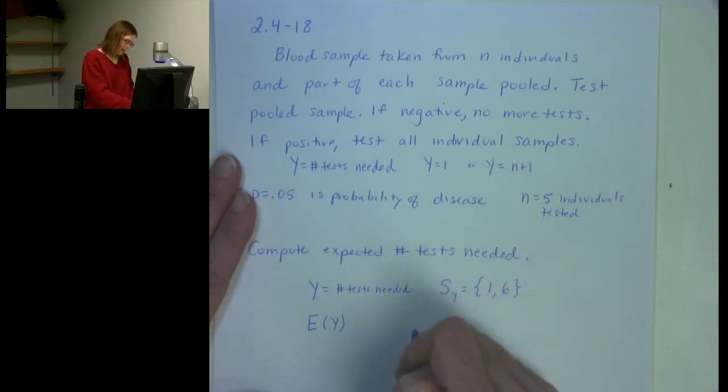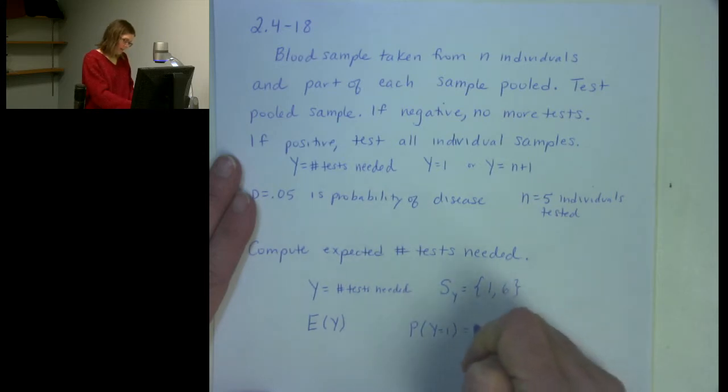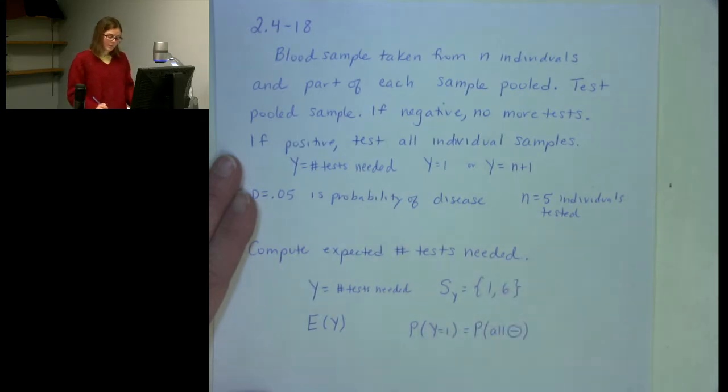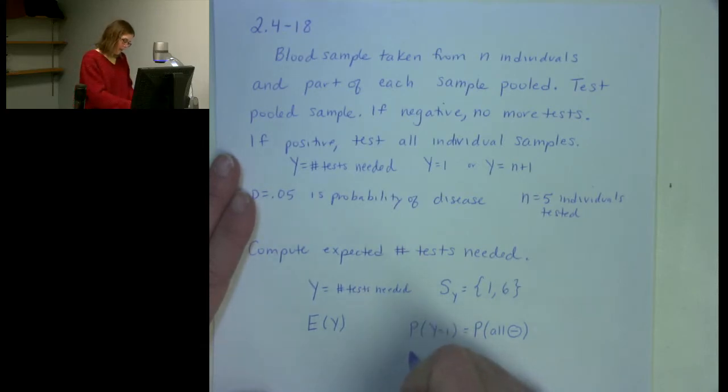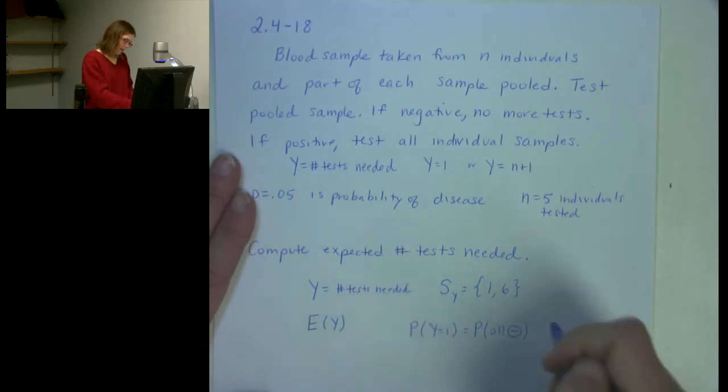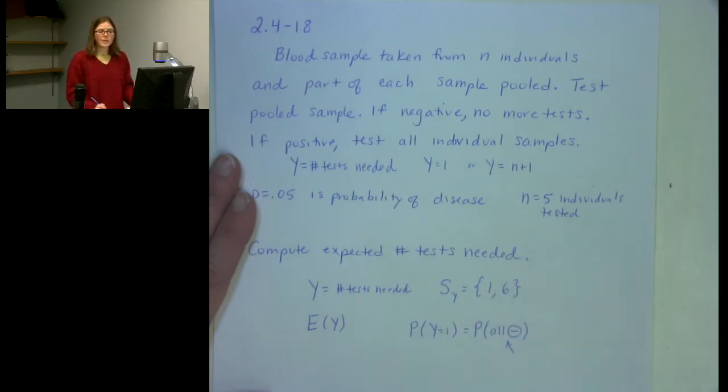Keep in mind the probability that Y equals 1 is the same as the probability that all are negative. We can find the probability that all of the tests are negative using the binomial distribution.